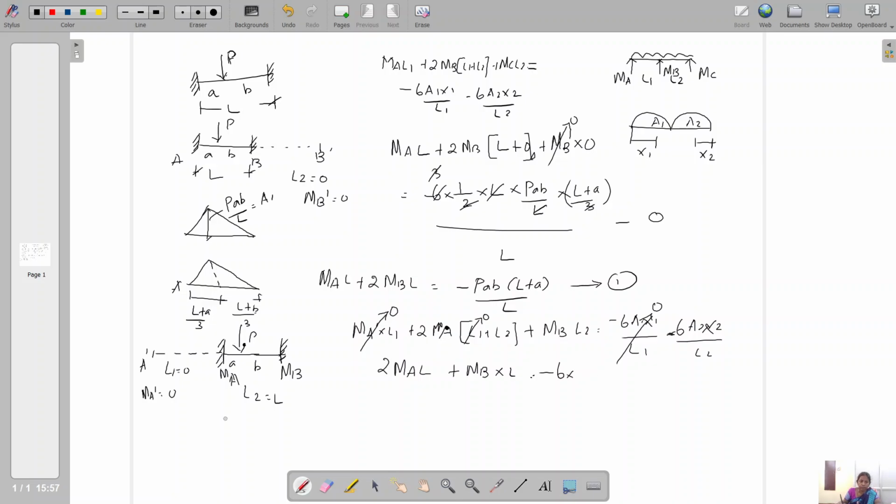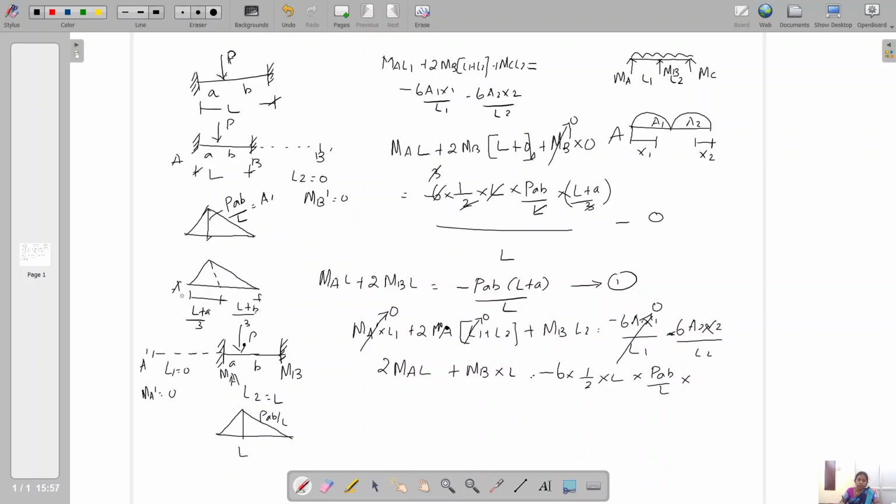A2 is the area of the bending moment diagram of this loading, the same as above: half into the span L and the height PAB by L. The centroid must be taken from here, because in this basic derivation for A1 we consider the centroid from the left hand, and for A2 we have to consider the centroid from B.